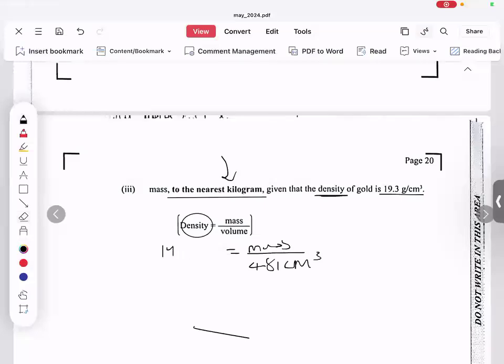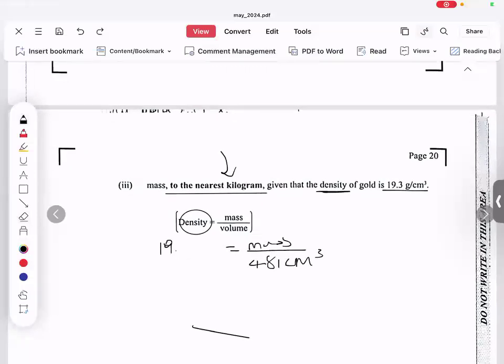So 19.3 gram per cm cube. So you'll notice here that this cm cube will cancel this cm cube right here. And the answer will be left in grams.